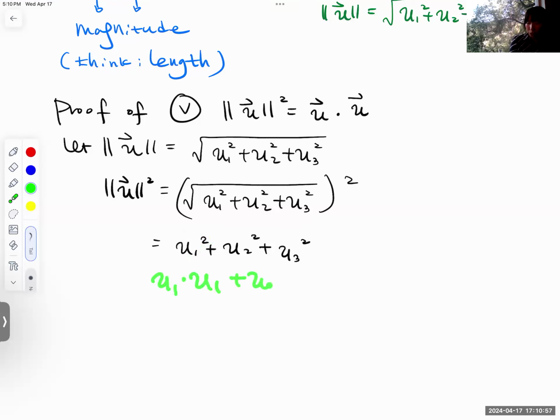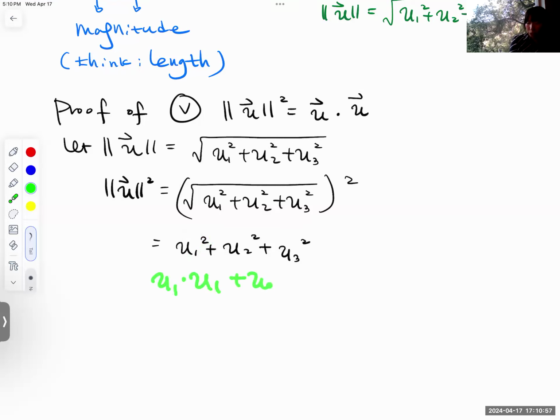Okay? All right. Then we can write it in vector notation. So that will be U sub 1, U sub 2, U sub 3 dot product with U sub 1, U sub 2, U sub 3, right?